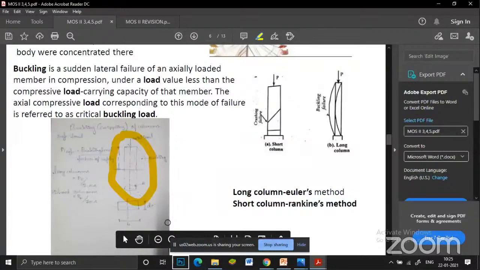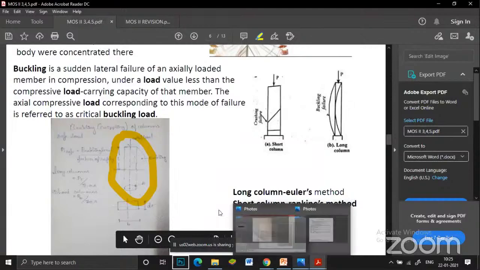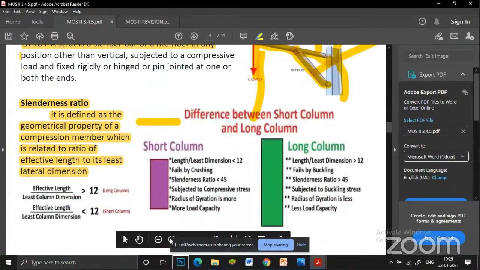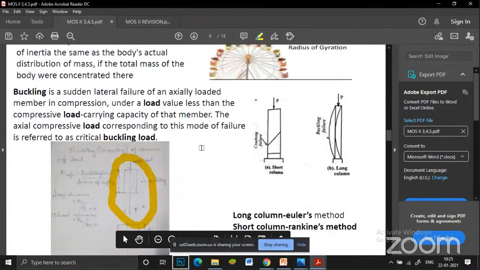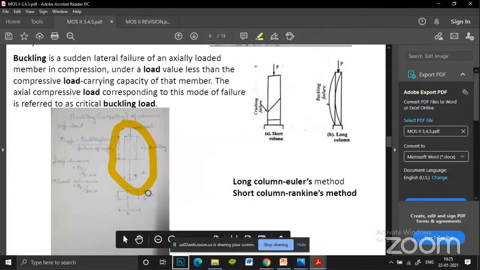Here it is in the case of a rectangular column. This is the plan of the rectangular column. The value of the least column dimension is this dimension. We have to consider this dimension, and L is the effective length. Effective length varies according to the end conditions. Okay, we will see.